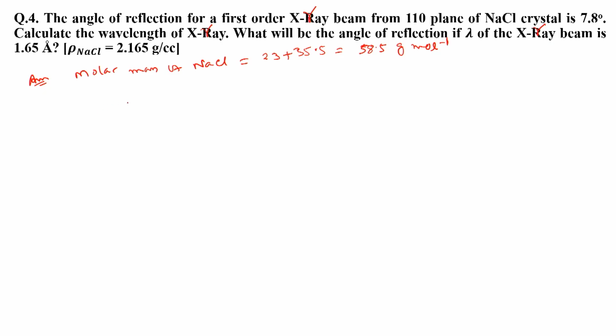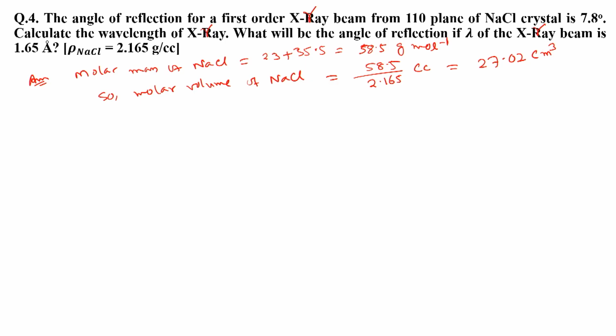The molar volume of NaCl: mass is given, density is given, so from there we can calculate. So 58.5 by 2.165 gives 27.02 centimeter cube. So this is the molar volume of NaCl.